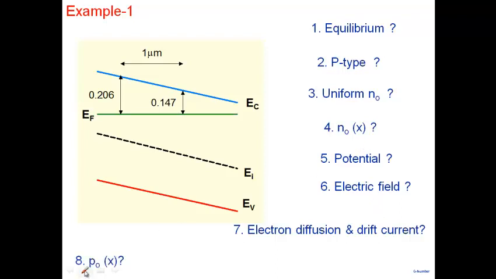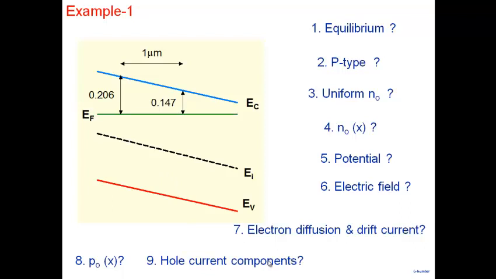Can you get P0(x)? N0 you said you can get. Can you get P0? How? N0 times P0 will be equal to Ni squared, so you can get it from that. Or you can also get it from EF with respect to EI, so you can get it from there. Whole current components, you should also be able to get.